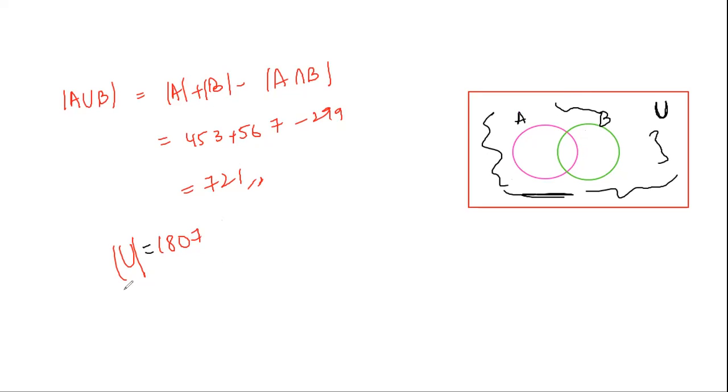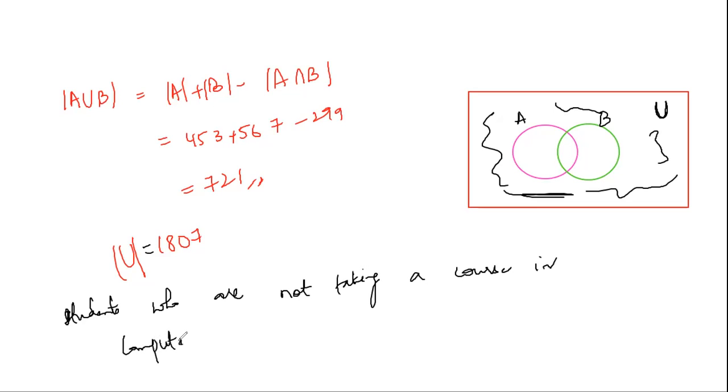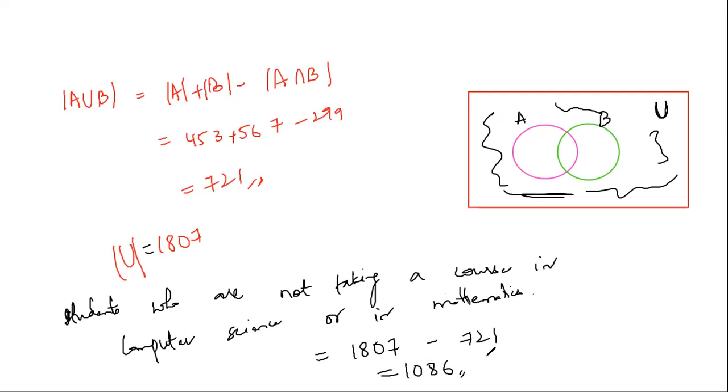So the number of students who are not taking a course, let me write that. Students who are not taking a course in computer science or in mathematics will be equivalent to 1807 minus 721, which is equal to 1086.